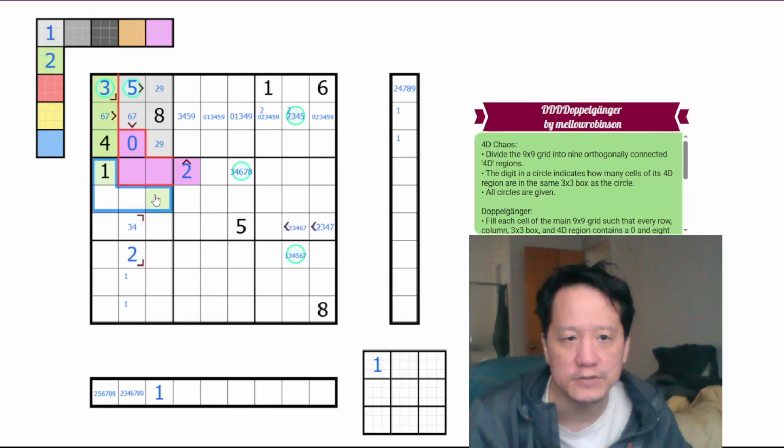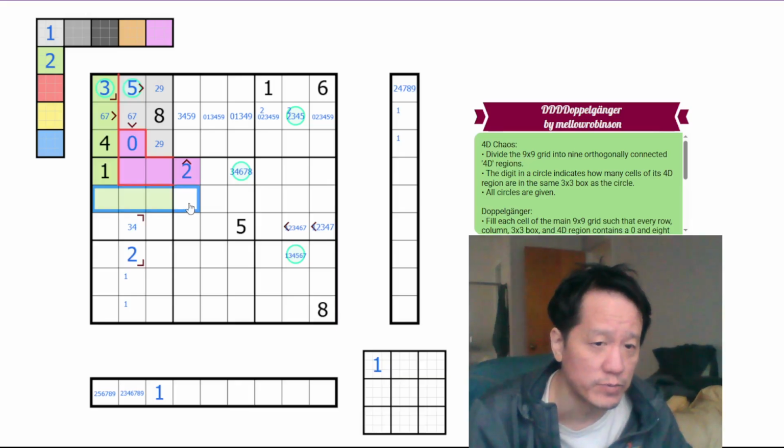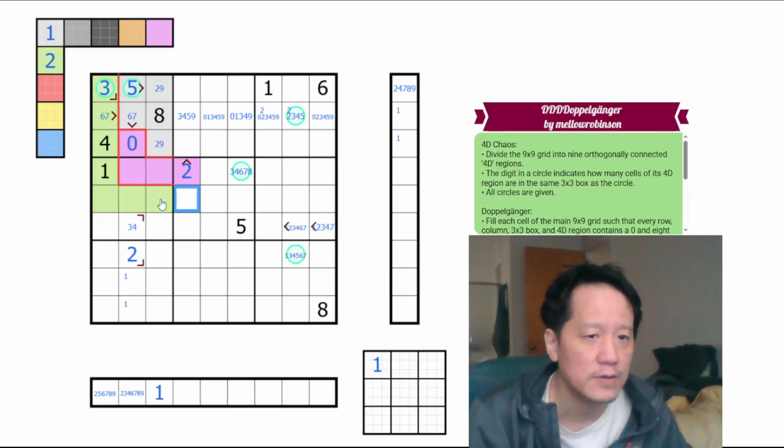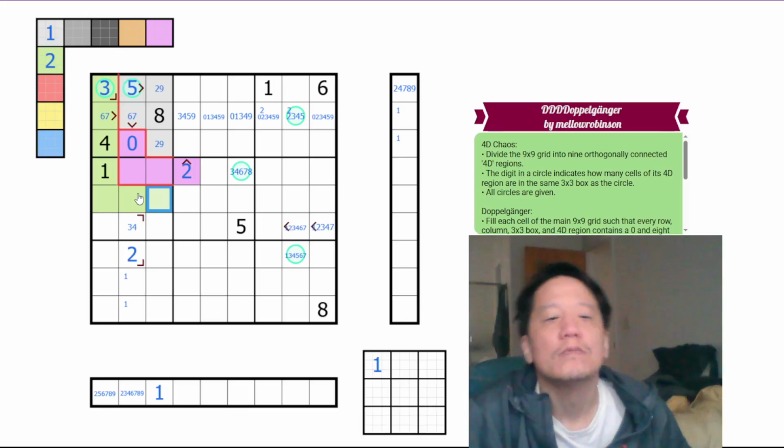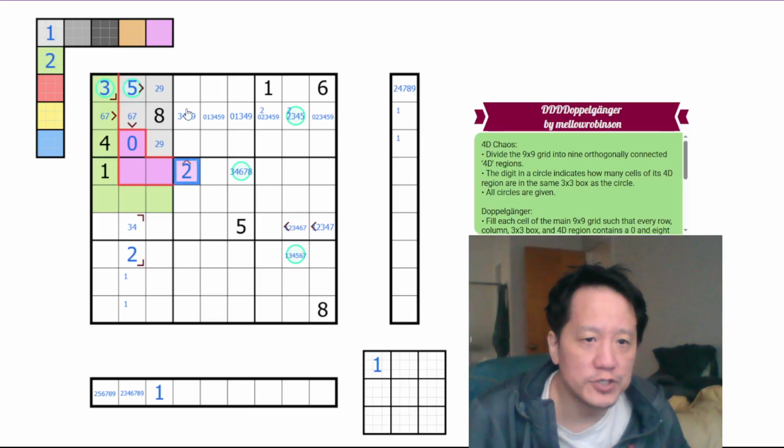Green then has to go here. And again, it cannot be here because then this cannot be 5. 0 would have to be here. Would have to be specifically here because it would be missing a 2 in that cell. Interesting. So whatever digit's missing in pink is 3, 4, 5, or 9.